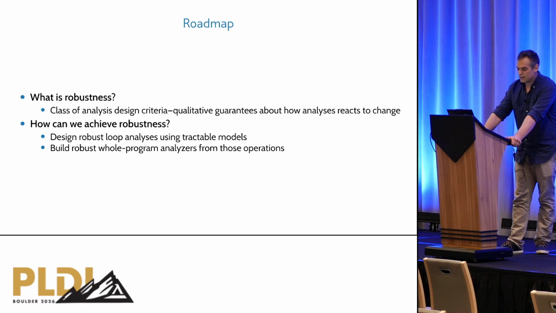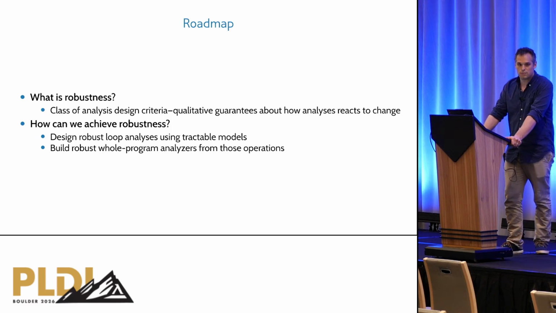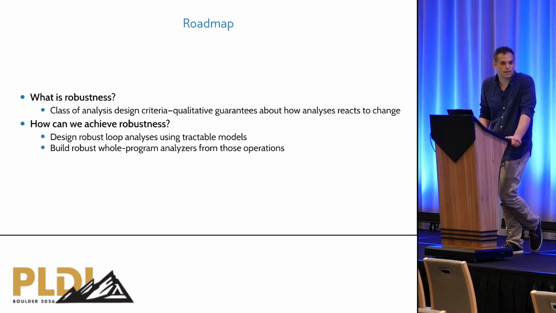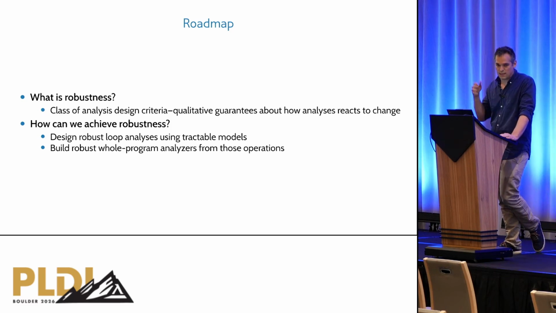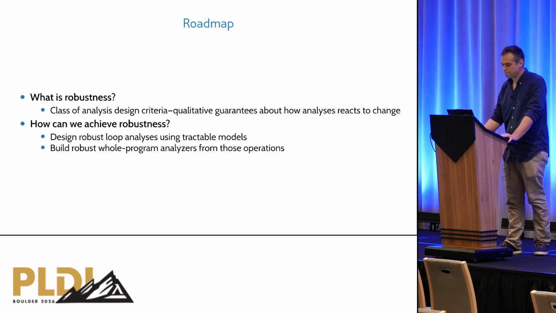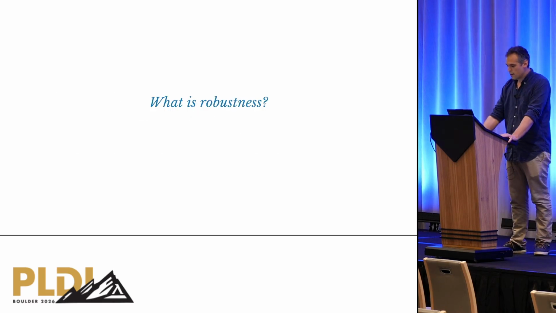And then in the second part, I'll talk about how we can achieve robustness, how we can design analyses that are robust with respect to these criteria. So the overall goal is to provide qualitative guarantees about how we can expect program analyses to react when we change an input program.